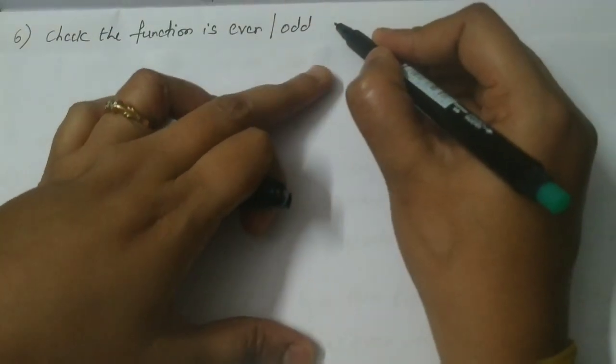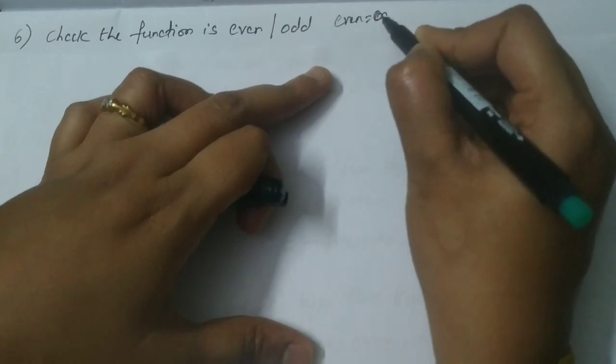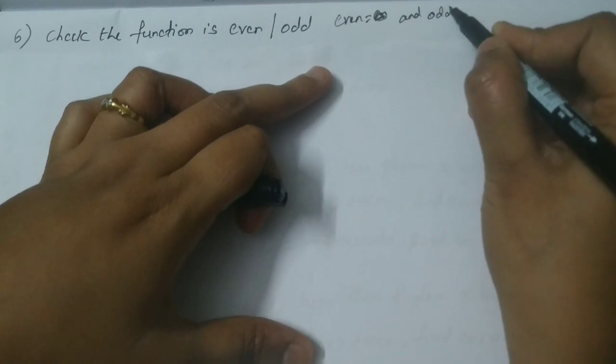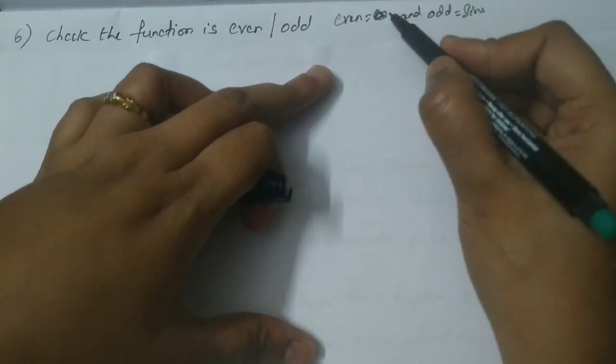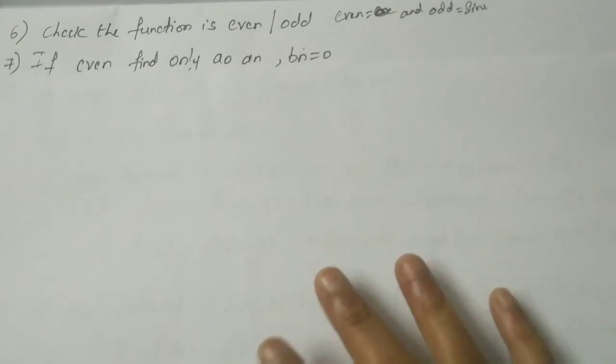So when it is even, we say it is cos, and if it is odd, we say it is sine function. I'll explain in detail later. Just remember, cos is an even function and sine is an odd function. This is mandatory before you start the Fourier series.